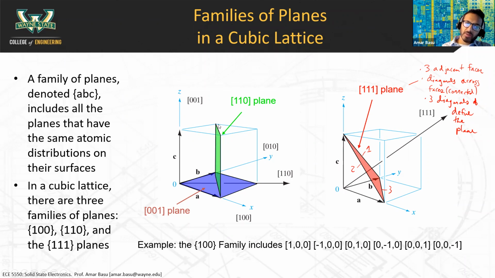And then we connect those two lines together with the plane. That's how you get a plane in the 110 family of planes. It cuts across the cube, but it is also coincident with two of the edges of the cube. So it cuts across two faces of the cube, and then it's coincident with two edges of the cube.